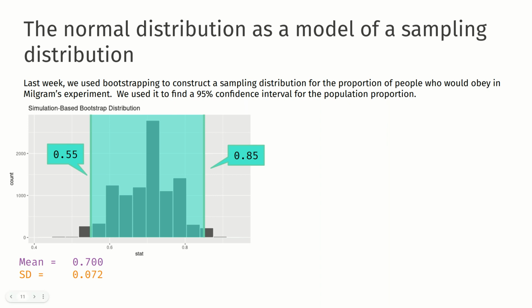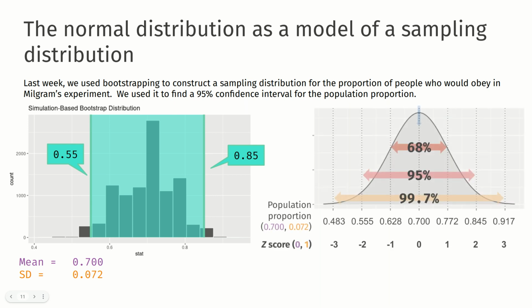Well, in this case I told R, although you could do it with CodeApp as well, to tell me the mean of all the simulated proportions across all 1,000 simulations that I had to do. And I also told it to tell me the standard deviation of that. So I didn't do that by hand, just to make that clear. But that is the case. So this distribution here has a mean of 0.7 and a standard deviation of 0.072.